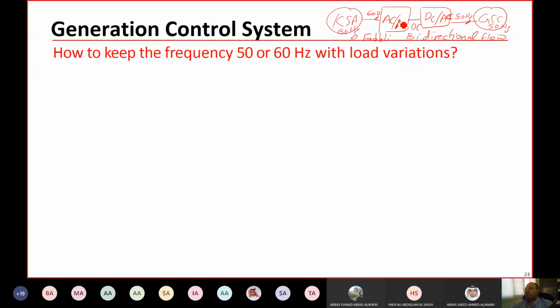In the substation you have a converter and an inverter, with a very short DC link of a few meters between them. So this is the way to convert from 50 hertz to 60 hertz.